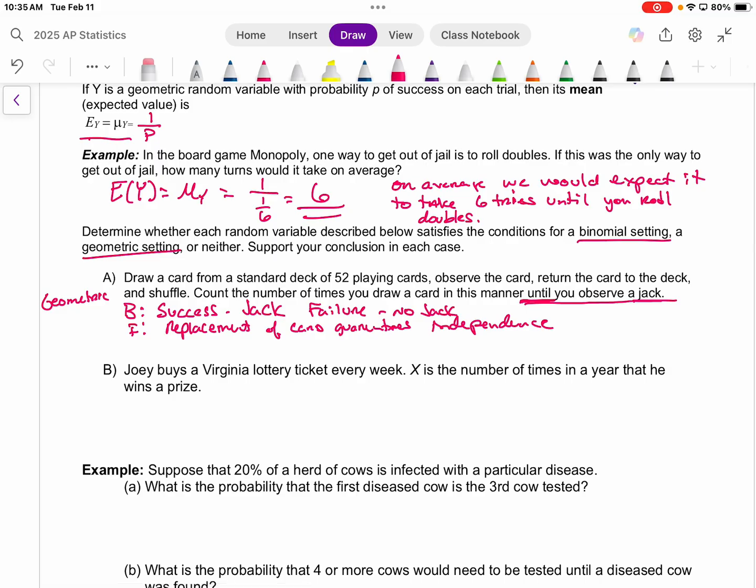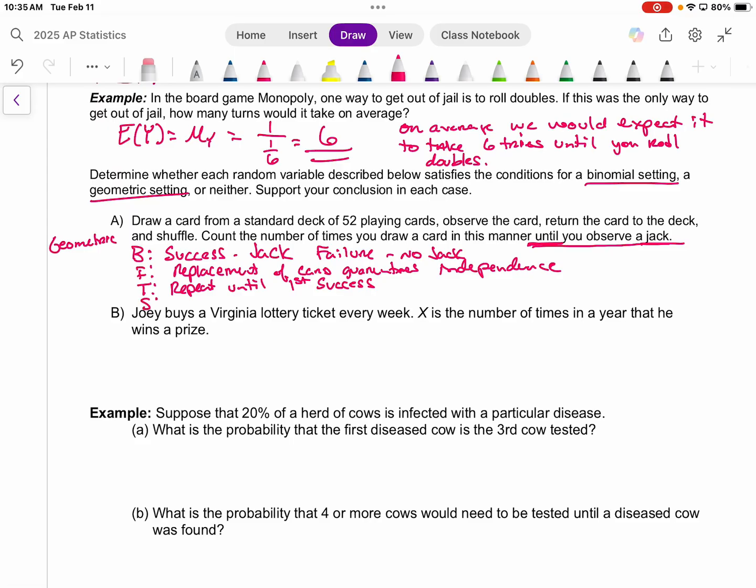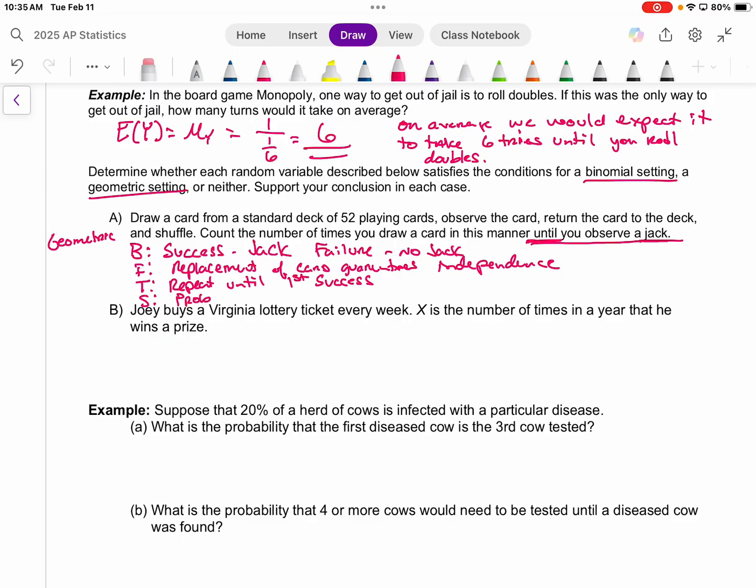Now, here's why I'm saying it's geometric. T: repeat until first success. We keep repeating until I have the first success of a jack. And then the S: the probability is the same each time. 1 out of 13.